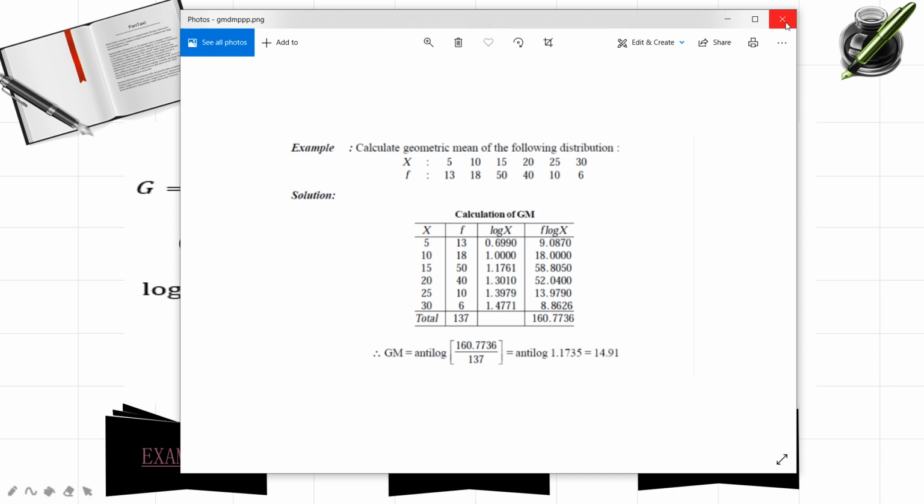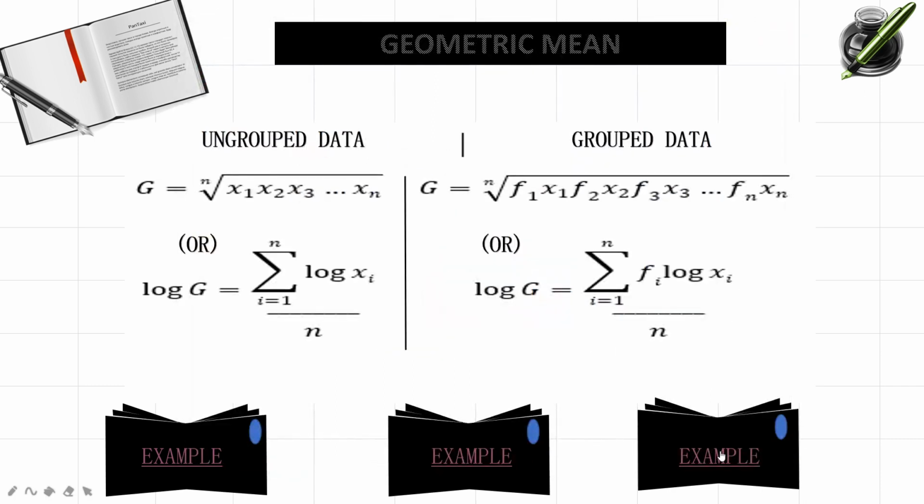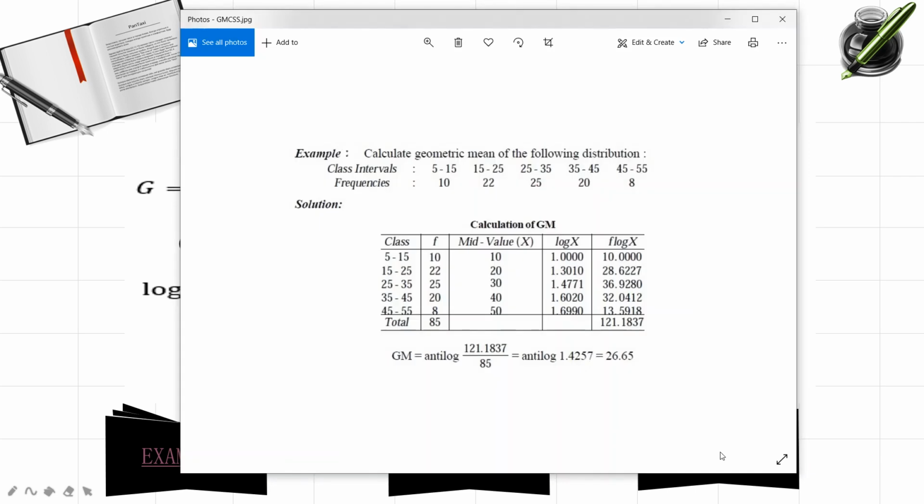Now let's see how to calculate geometric mean in case of continuous series. Continuous series means, we already know, class intervals and frequencies will be given to you. And here, as you all can see, first we are supposed to find out the mid values for the given classes or class intervals.